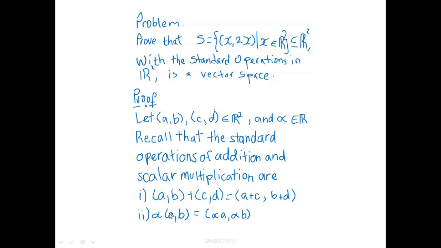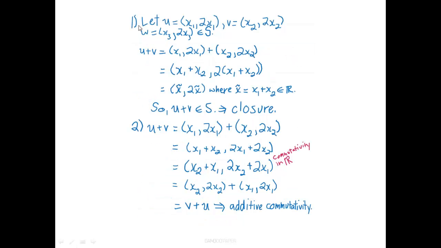Verifying property number 1, closure under addition. Let u = (x1, 2x1), v = (x2, 2x2), omega = (x3, 2x3), all elements of S. Now u + v equals, this is my u and that is my v, and I'm using the standard definition of addition of vectors in R2.